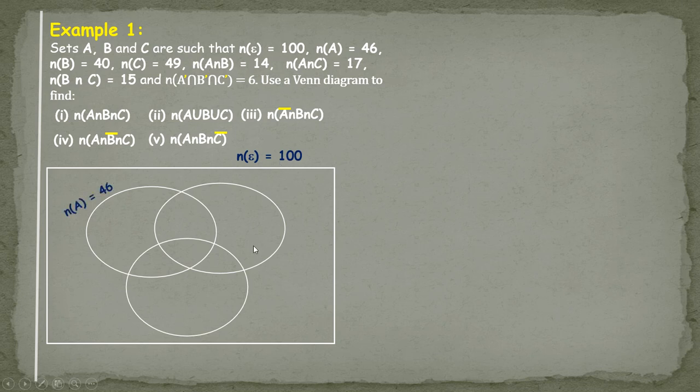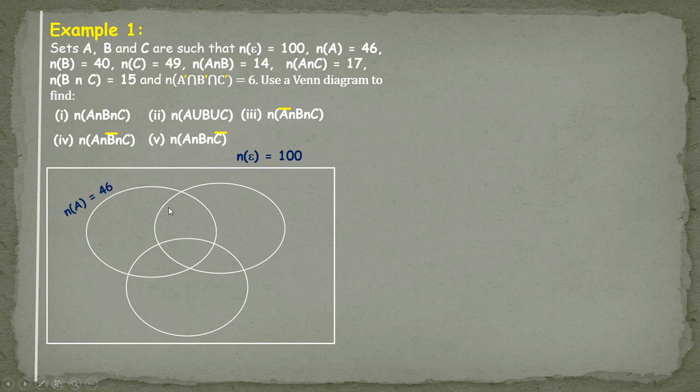So number of A is 46. The A is actually this. The whole of this part is the 46. If you write the 46 in this part here, then you will have misfired, because this region is A only, but we are told number of A. So the whole of this is 46.